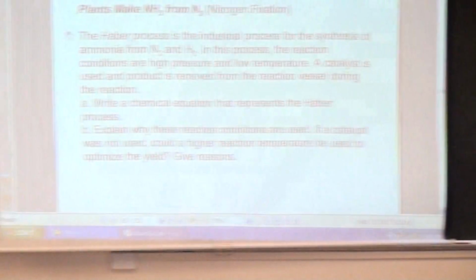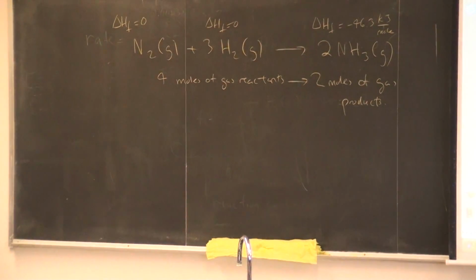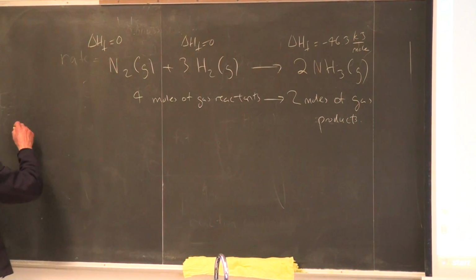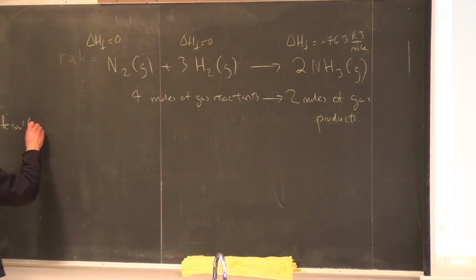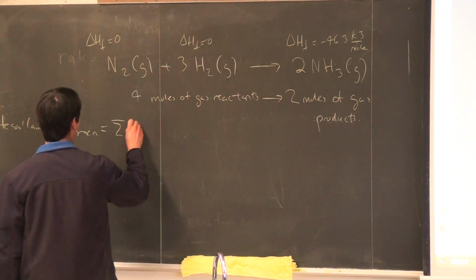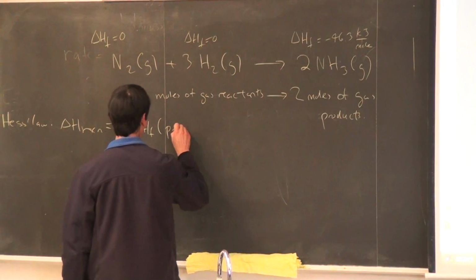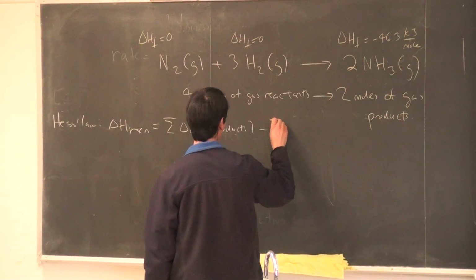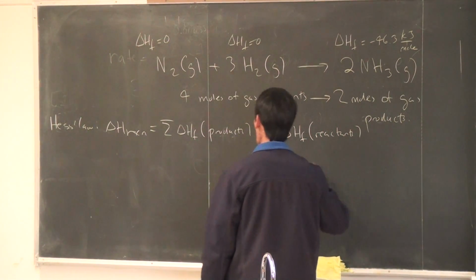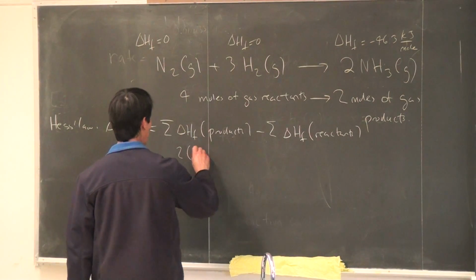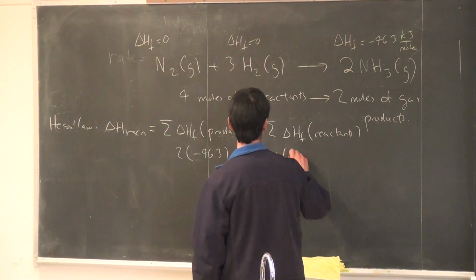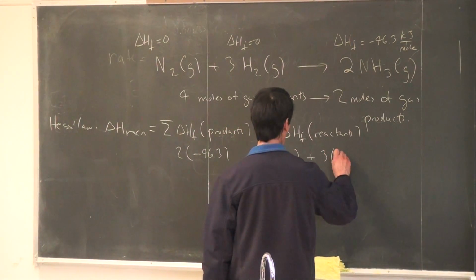So based on that, is this reaction exothermic or endothermic? Applying Hess's law, delta H of reaction is equal to the sum of the delta H's of formation of the products minus the sum of the delta H of formation of reactants. In this case we're going to have 2 times minus 46.3 minus 1 times 0 plus 3 times 0.